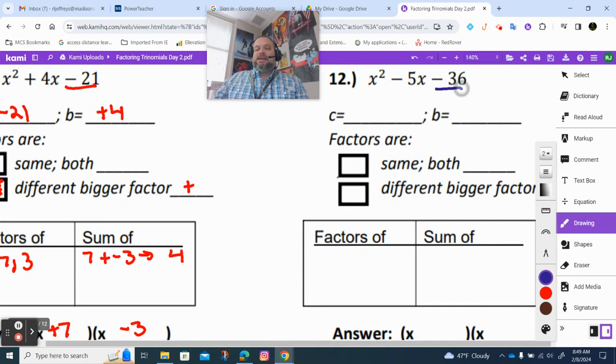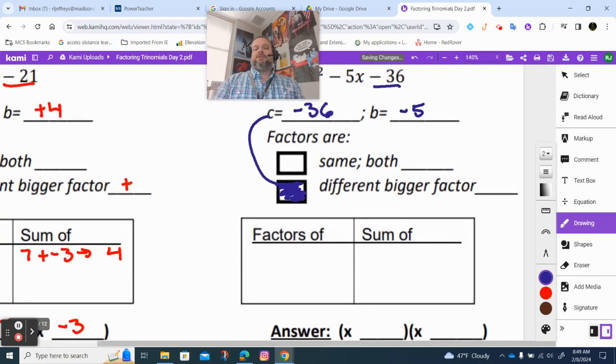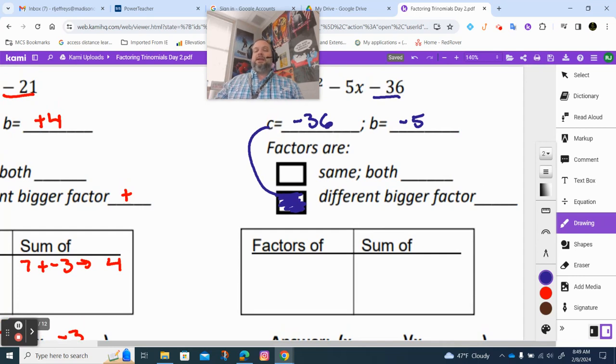Our C is negative 36. Our B is negative 5. Because our C is negative, that means our signs are different. And the bigger factor is negative.